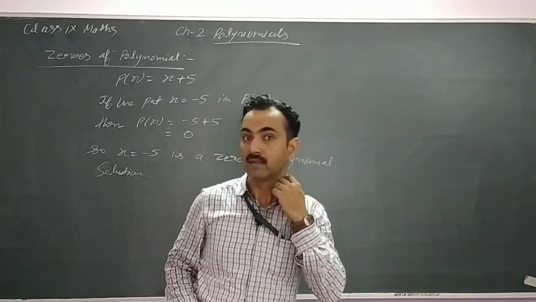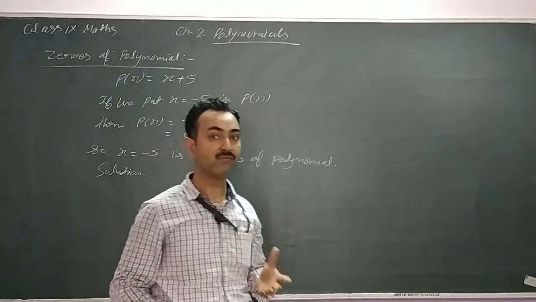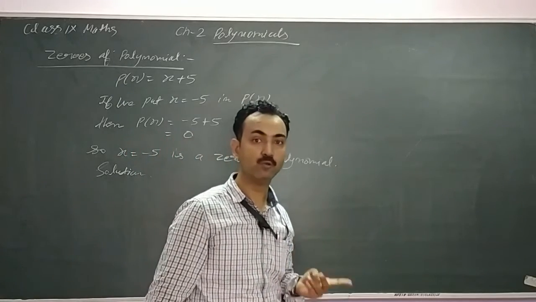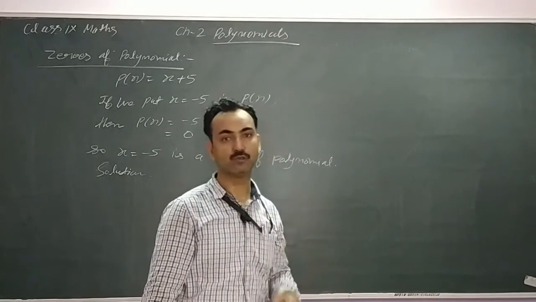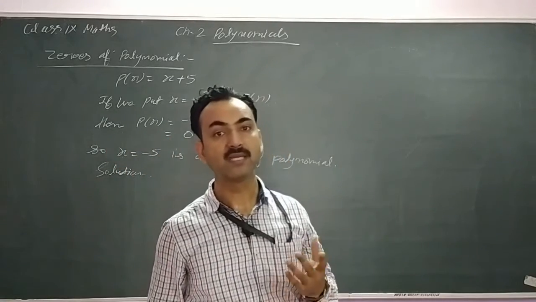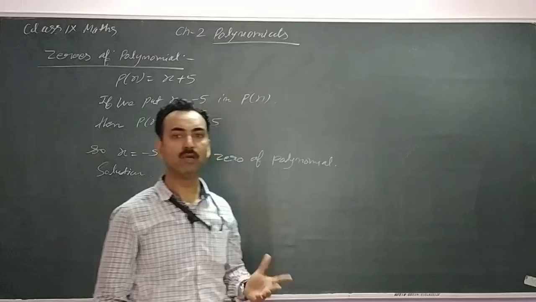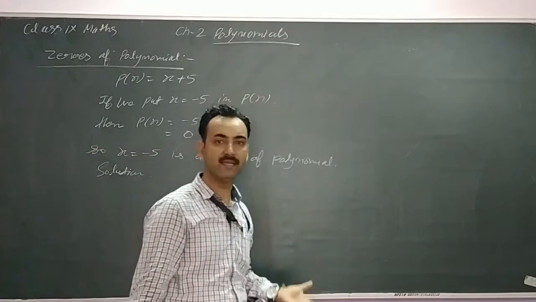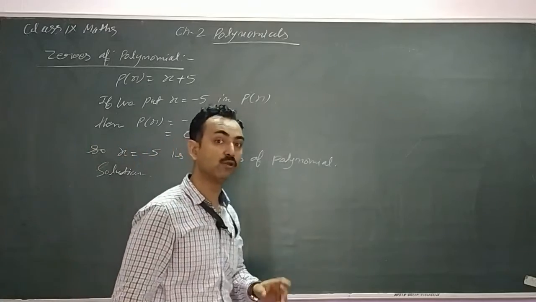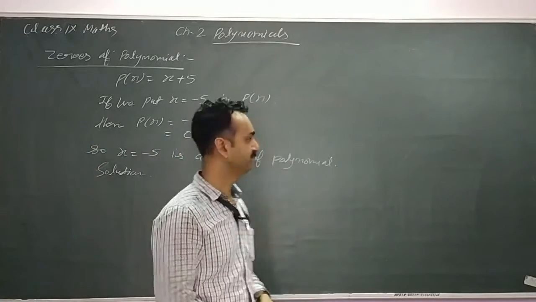A linear polynomial has degree 1, so it has 1 zero. A quadratic polynomial has degree 2, so it has 2 zeros. A cubic polynomial has degree 3, so it has 3 zeros. They may be equal, may be 0, or any real number, but the number of zeros depends on the degree of the polynomial.